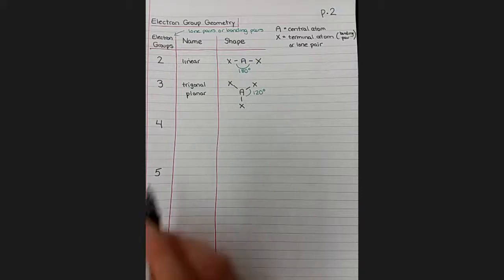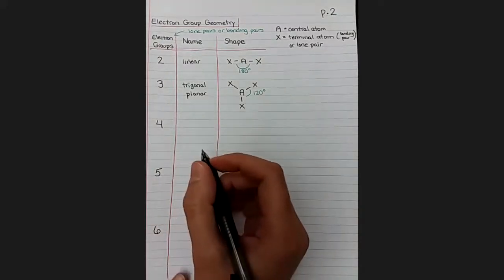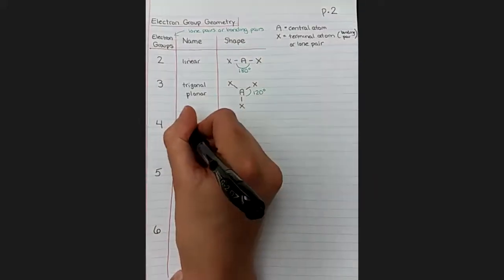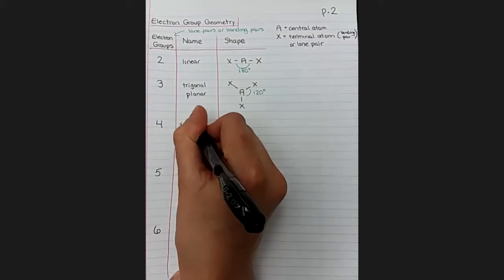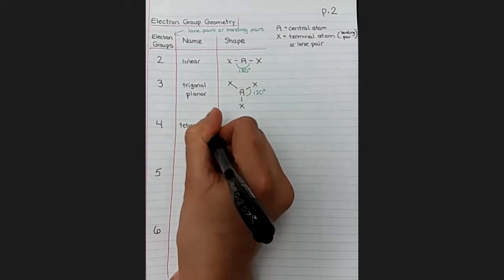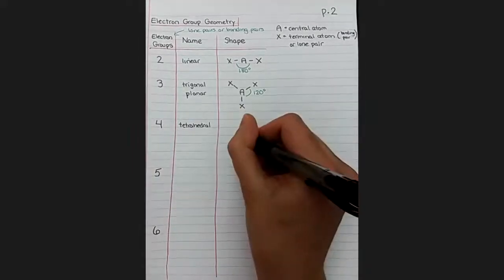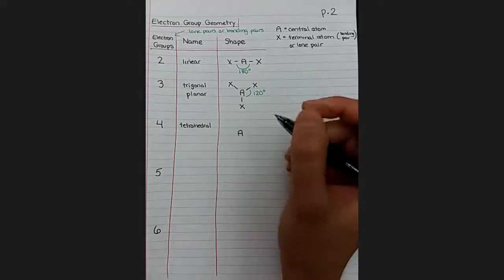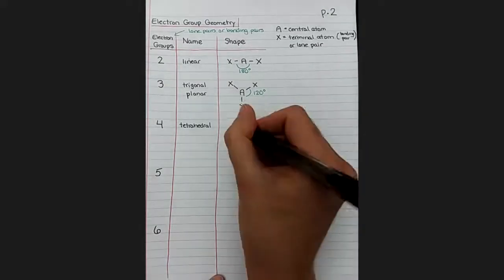Now we're going to move on to some of the fun ones. So if we have 4 things attached, this one is called tetrahedral because the 4 electron groups could be placed at the 4 corners of a tetrahedron with the central atom in the middle.